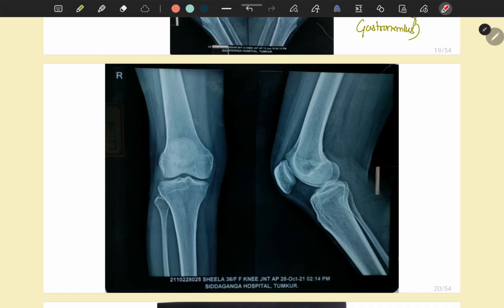In this lateral view, you can appreciate the lower end of the femur, two condyles overlapping, and the patella, and the tibia, two condyles overlapping here, and this is the fibula. Here you can see this elevation, this is called the tibial tuberosity.